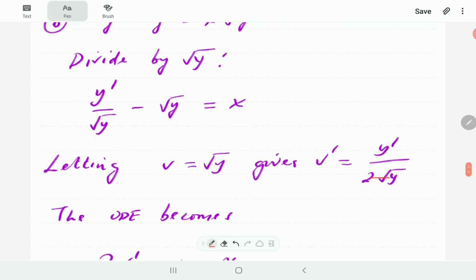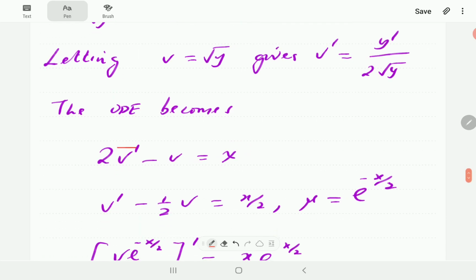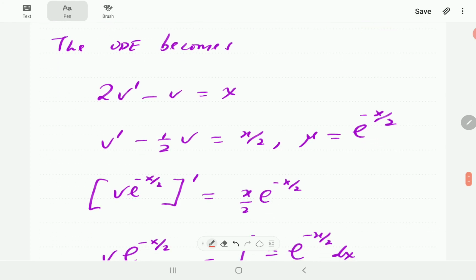When we take the 2 to this side, it means this term is going to be 2v prime. This term is v, and that's just x. We need this to have coefficient 1, so dividing through by half, then that is going to tell us that our integrating factor is e to the minus x on 2.